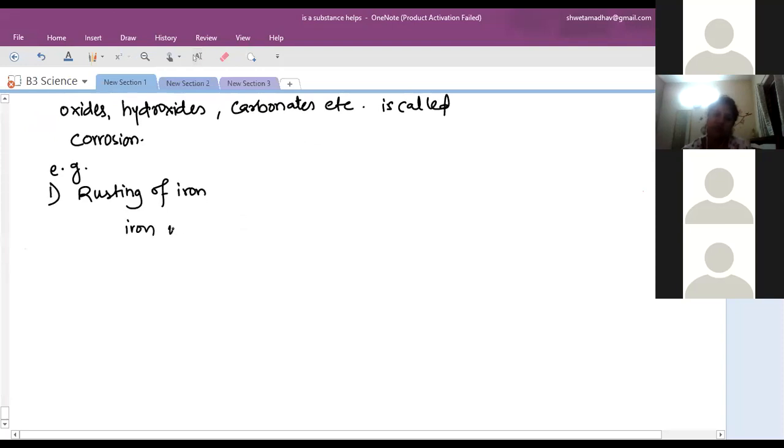Ma'am, I have a question over here. Even if I expose iron to steam and oxygen at the same time, but I put the steam under high pressure and expose it to iron, will it speed up the process? Yes, it will speed up the process. Ma'am, since oxidizing agents and reducing agents speed up the process, aren't they called catalysts?